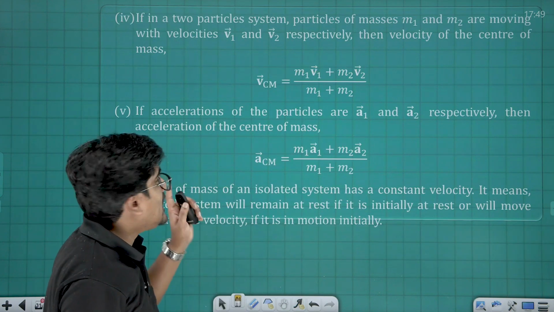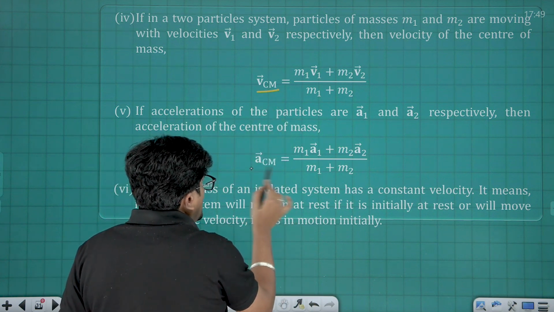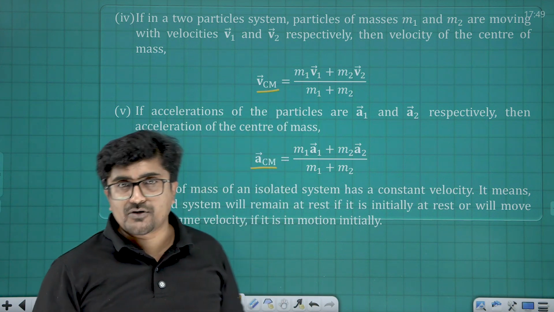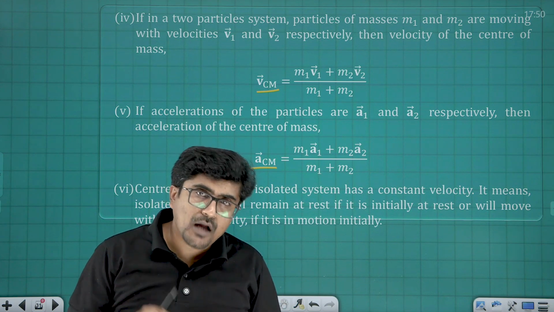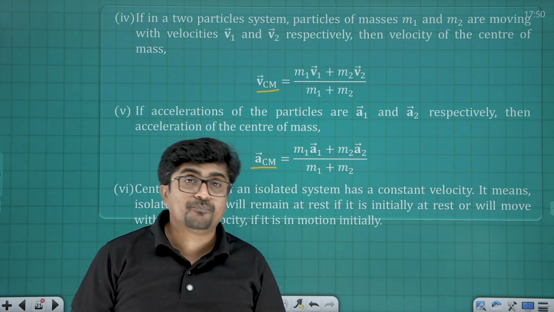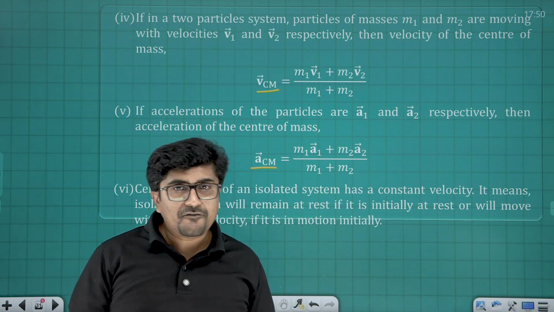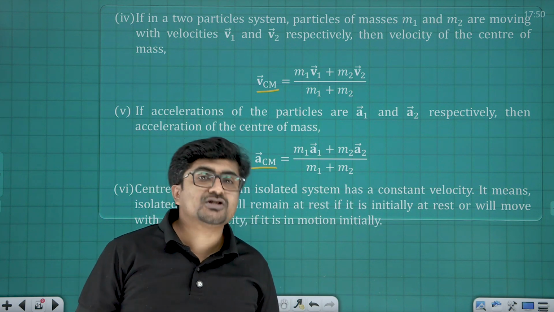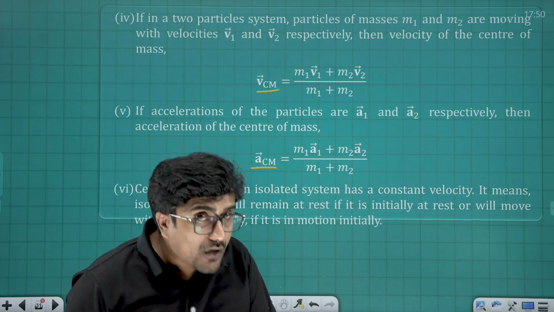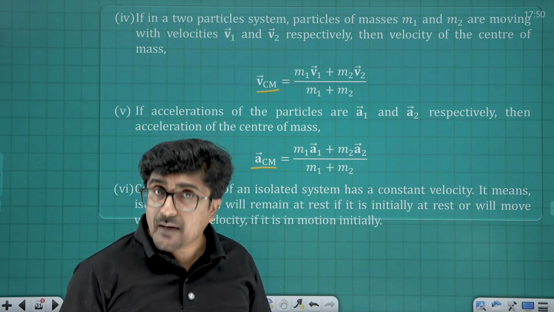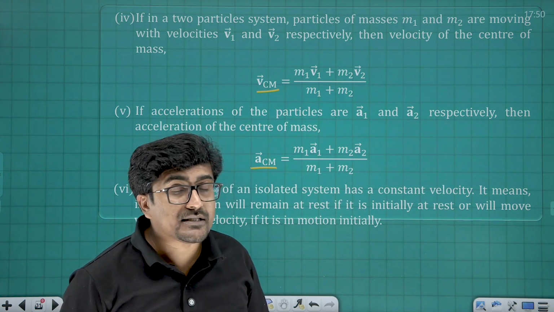The next one is about the velocity as well as acceleration of the center of mass. If m1 r1 plus m2 r2 divided by m1 plus m2 was the position of the center of mass, definitely the rate at which the position changes will give the value of velocity, and the rate at which the velocity changes with respect to time, rate means with respect to time only, that is going to be what? Acceleration.